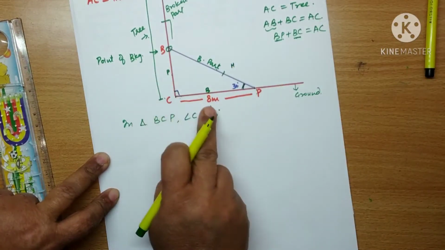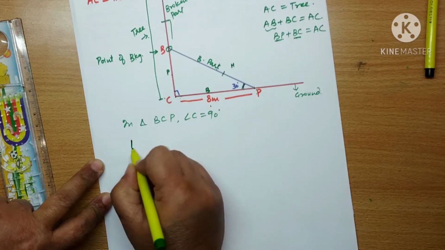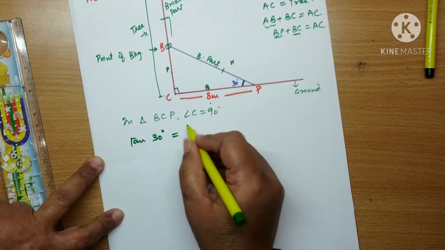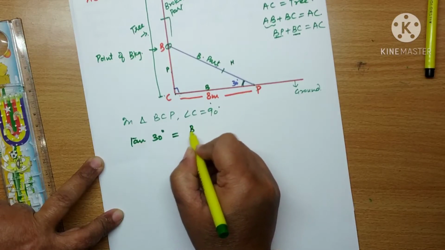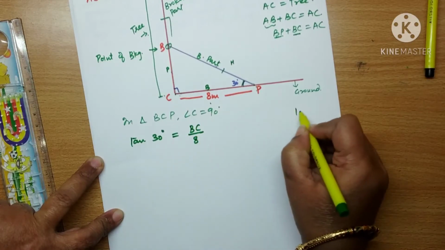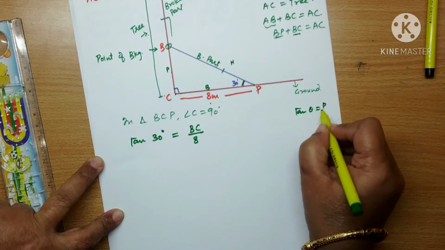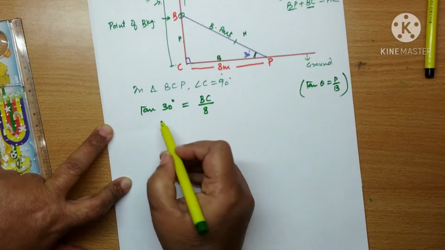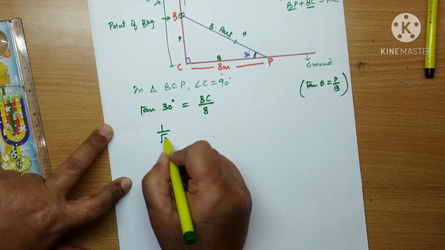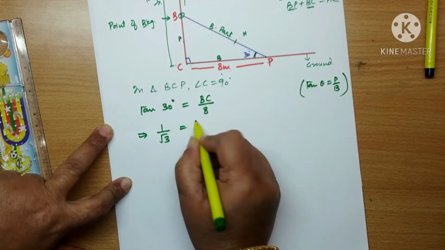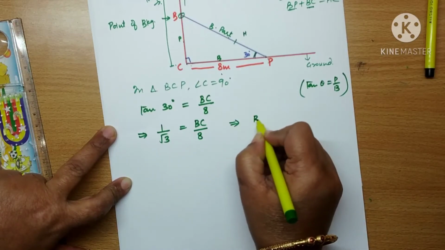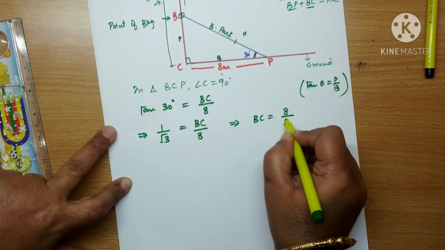So I need a relationship between perpendicular and base. So tangent 30 gives me that. Tangent 30 is BC by 8, as tangent theta is perpendicular by base. So theta here is 30 degrees, and tangent 30 we know is 1 by root 3 is BC by base, which is 8. So I get BC is my 8 by root 3.